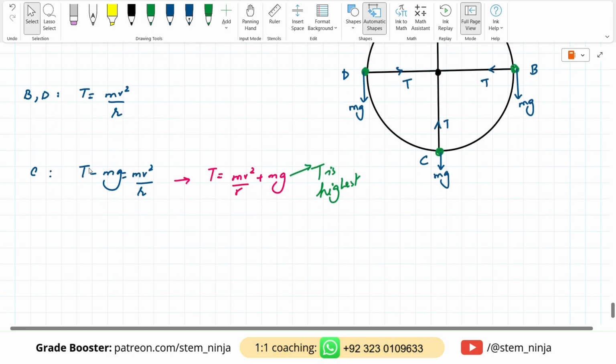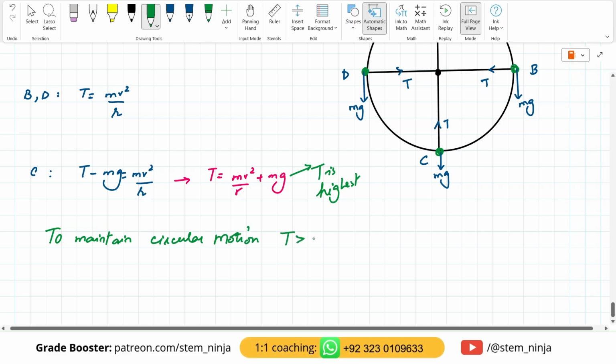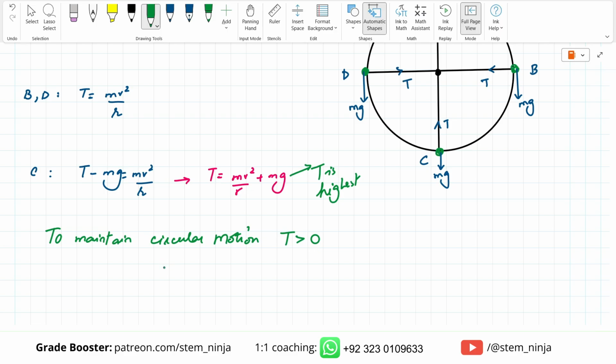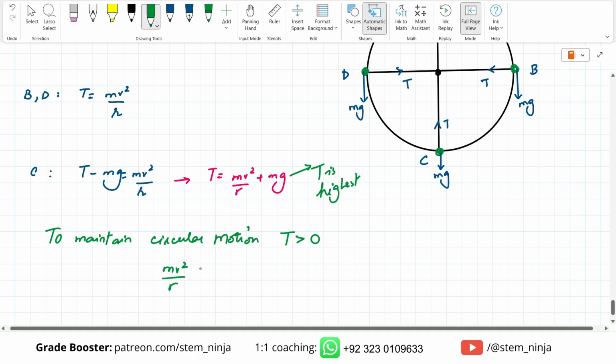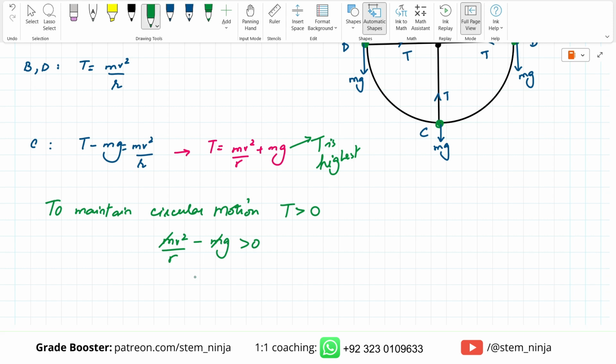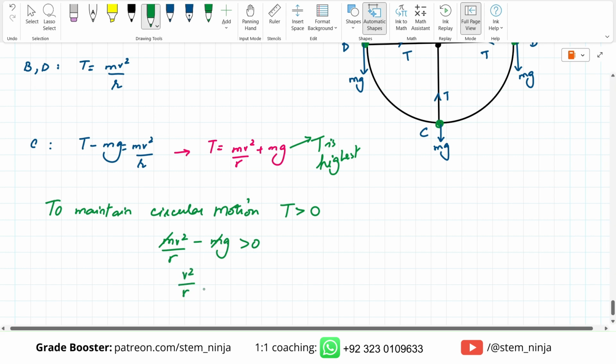So to maintain circular motion, T, even the lowest T, has to be greater than 0. That means mv squared over r minus mg has to be greater than 0. So that would cancel out the m and m, because you can take m on both sides. This would mean that your v squared over r has to be greater than g.